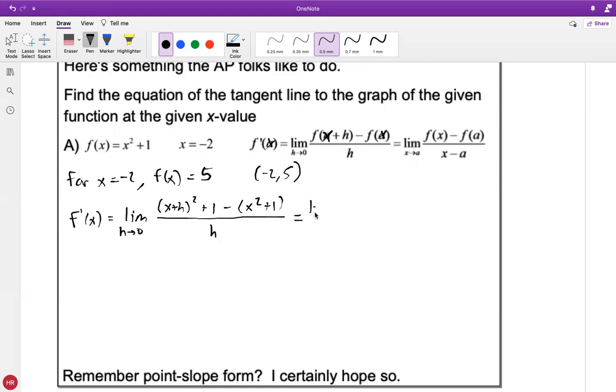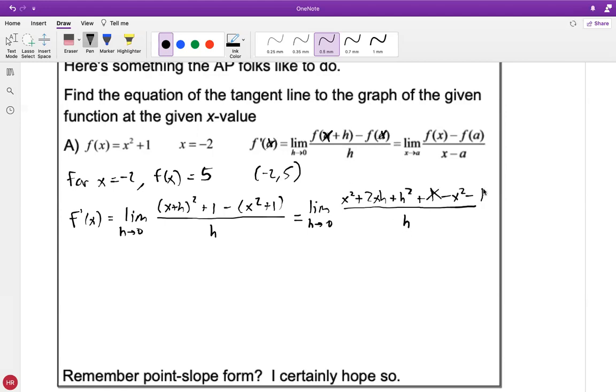And now we do our foiling in an appropriate way because we're smart and astute calculus students now. x squared plus 2xh plus h squared plus 1 minus x squared minus 1 all over h. And now we cross some things out, hopefully.